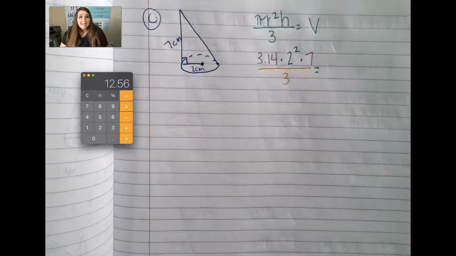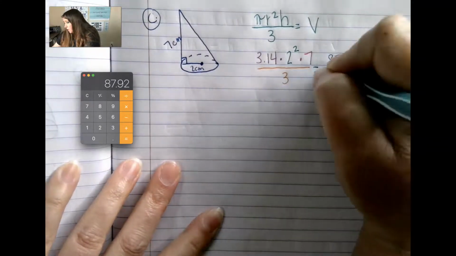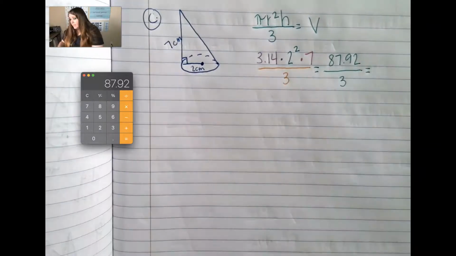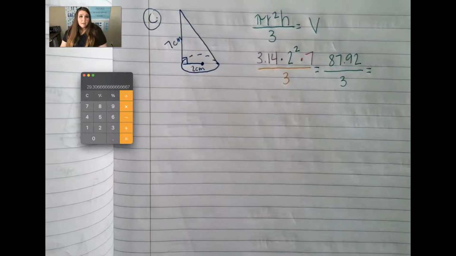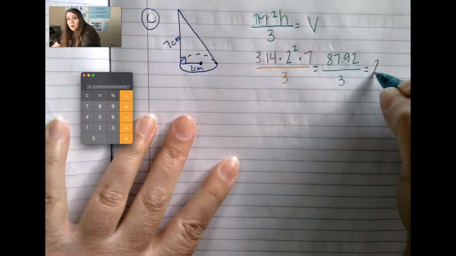Now times the height, which is times 7. That gives us a total of 87.92, and again, we're going to divide that by 3 for a cone, so that gives us 87.92 divided by 3. Ooh, okay, this one gives us a really long answer.